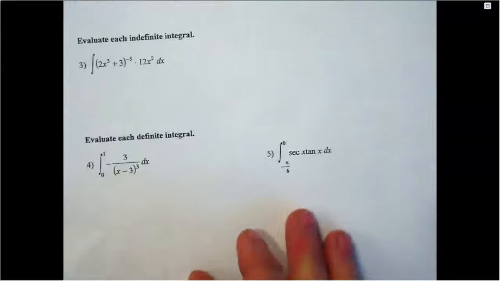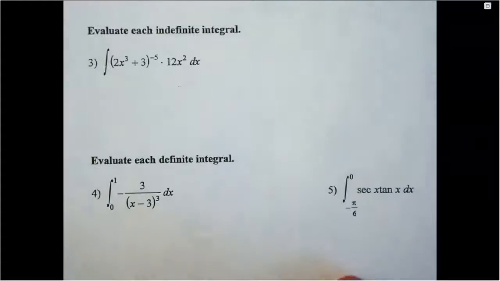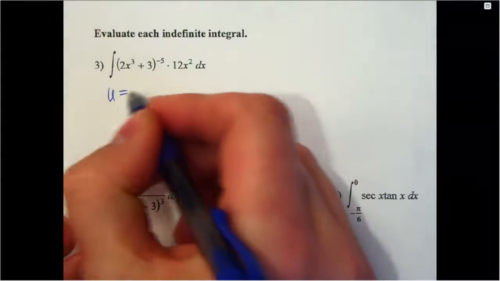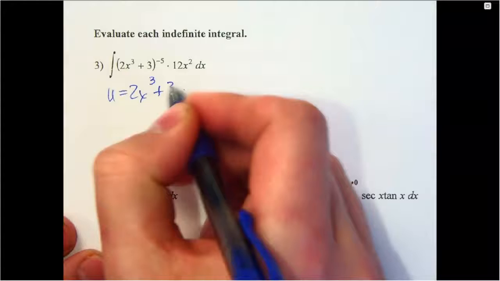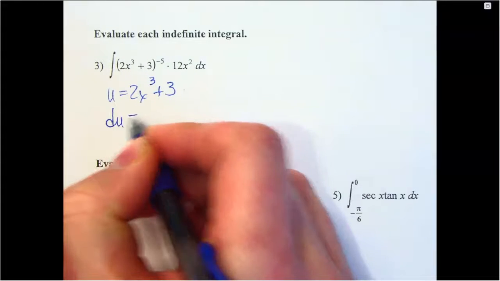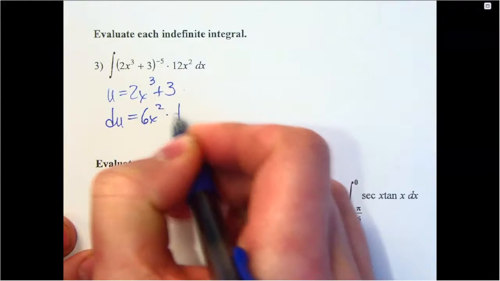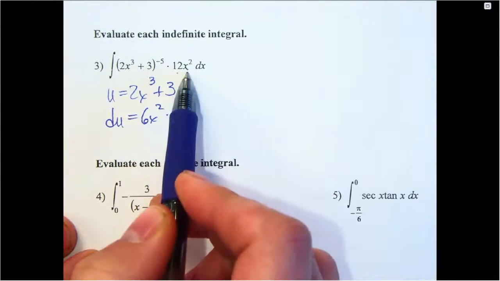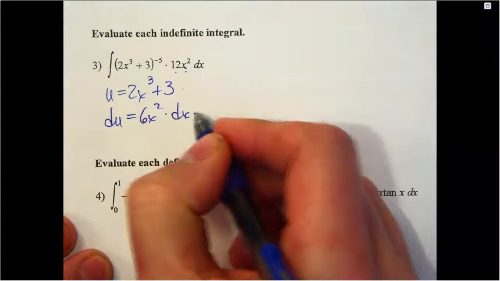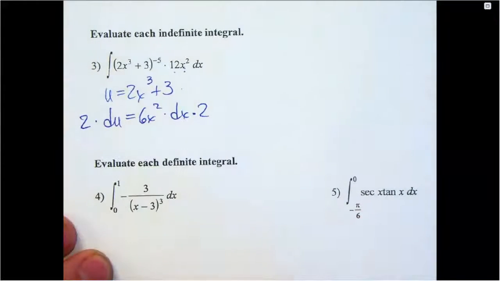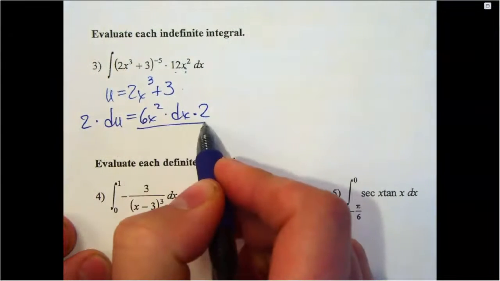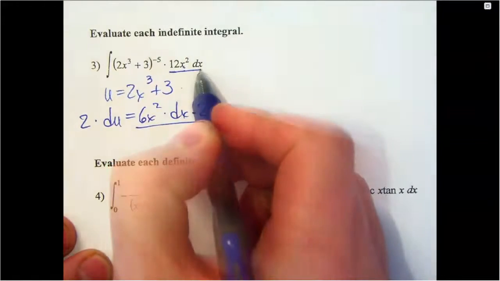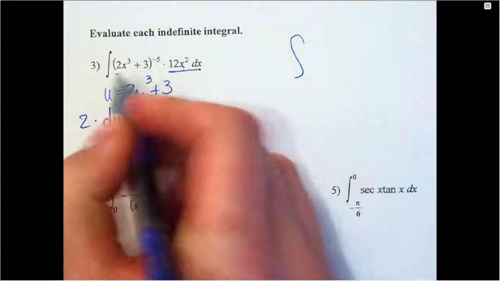Number 3. This is a u substitution. So u is going to equal 2x cubed plus 3. So du equals 6x squared times dx. Well, I need it to be 12x squared, not 6x squared, so we'll multiply this side by 2, which gives me 2 du. So now this, matched up with this, is the u.